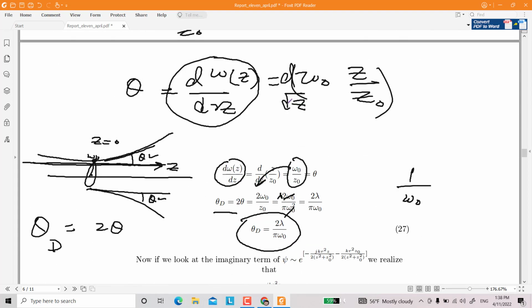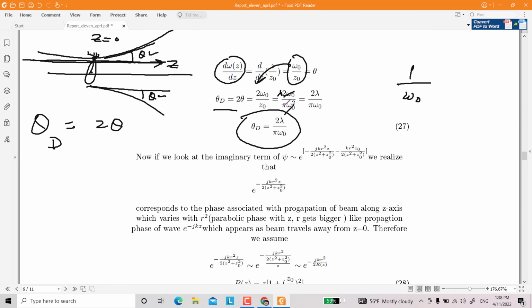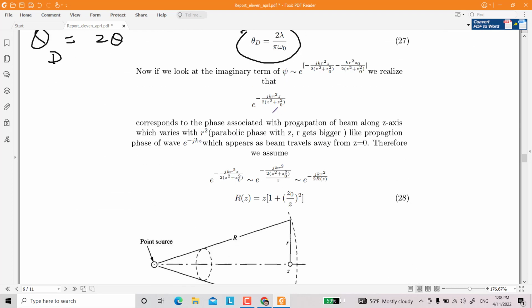So what is this thing? Look, if I isolate this term from here, then you can see this is a phase. But this phase also depends on r square. Apart from the other things which we have already decided, there is a j, a complex imaginary number, with r square.